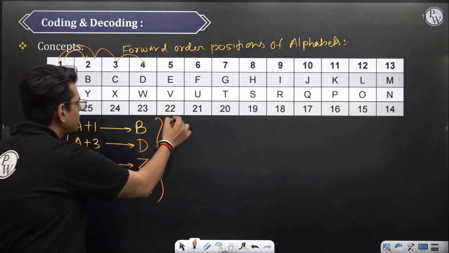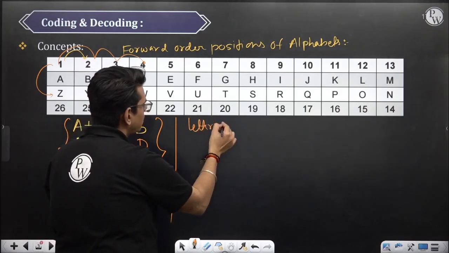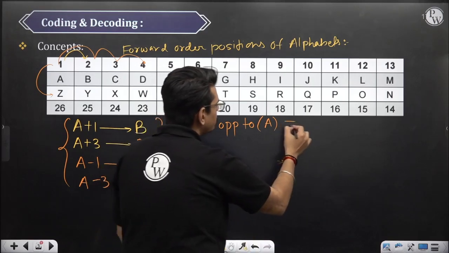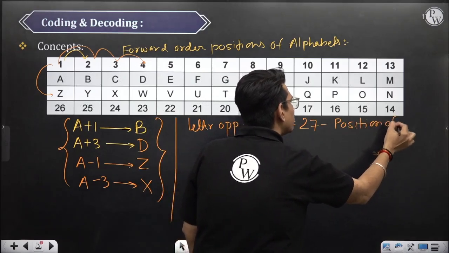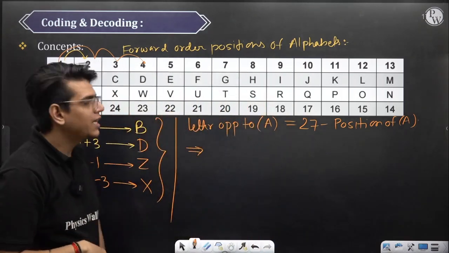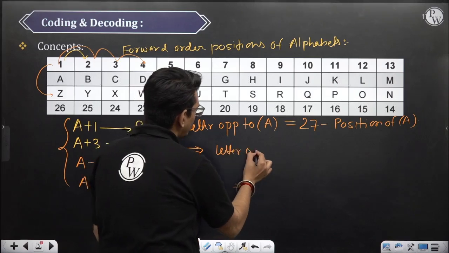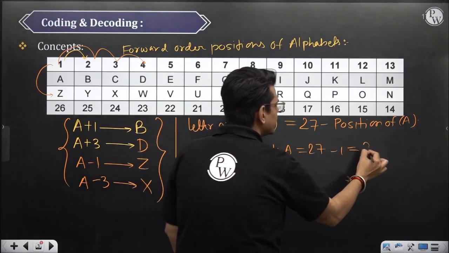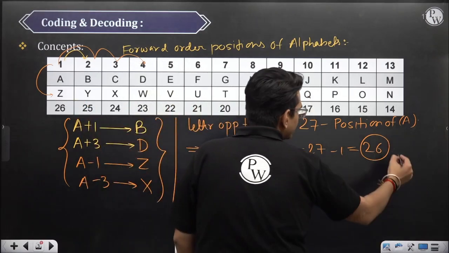Another thing you need to know is that the letter opposite to an alphabet is 27 minus its position. What is the meaning of this? Suppose we need to know which letter is opposite to A. The letter opposite to A is 27 minus 1, which is 26. So we need the alphabet at the 26th position, and Z is at the 26th position.